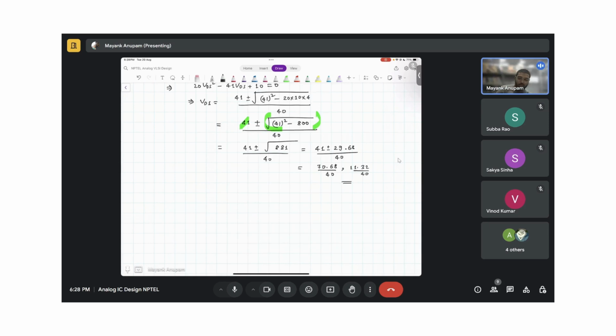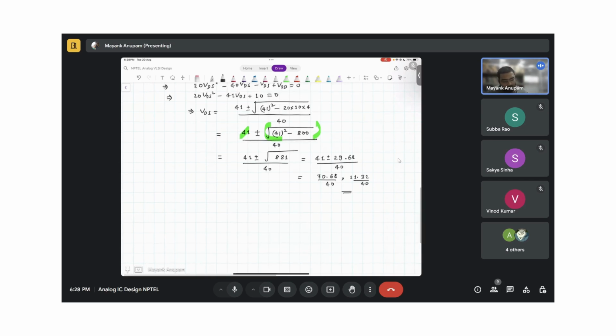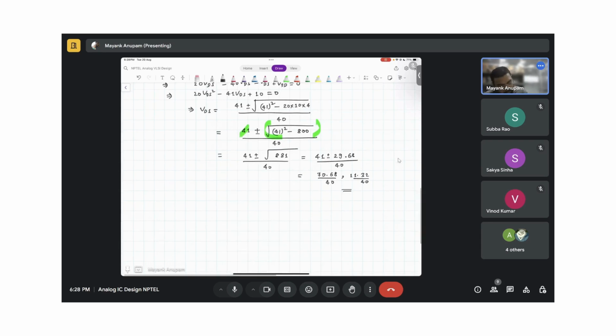Out of these two, which one do you think is the correct VDS? We have two different values of VDS. Which one is the correct value? So how much will these be? These two are 11.32 by 40. How much is that?